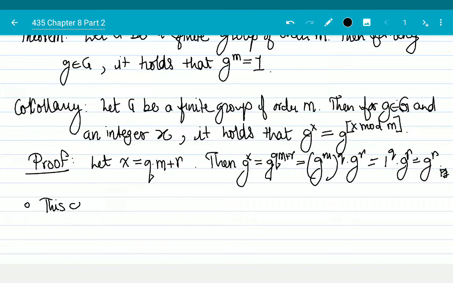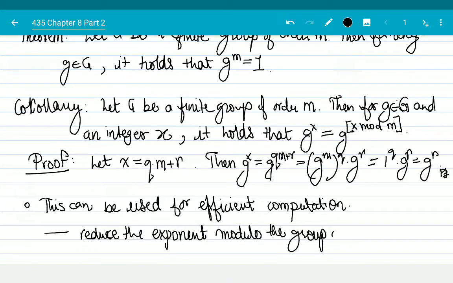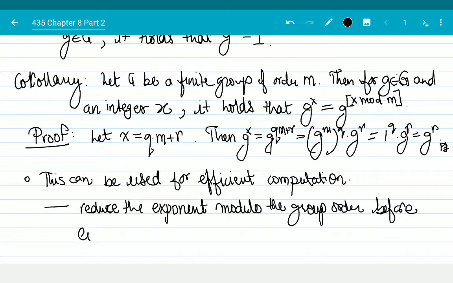This can be used for efficient computation: reduce the exponent modulo the group order before computing the exponentiation. Right.